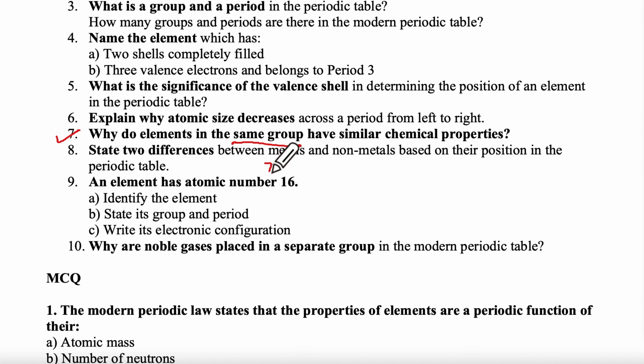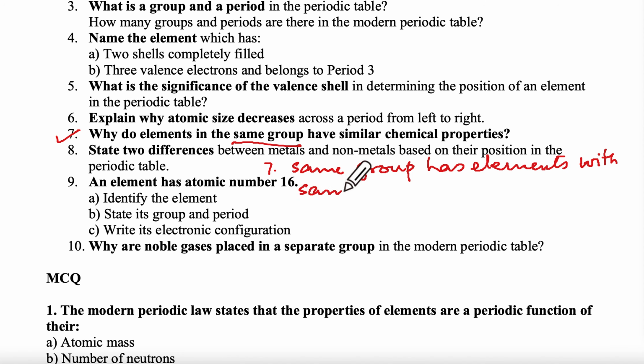Okay, now this one, elements in the same group. This again is question 7. Same group, what does it have? The same what? Same group has elements with same valence electrons.